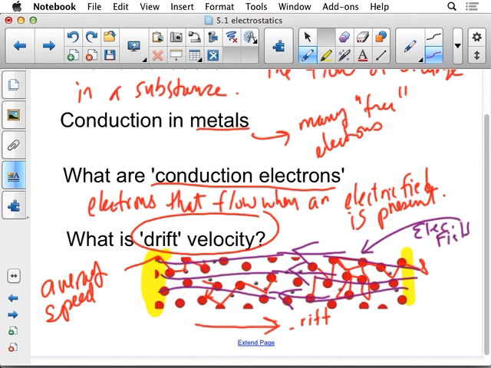So, okay, we have an electric field going to the left in this picture, and the electrons drifting to the right. Very important concept. Again, historically, physicists did not know that the flow of our most common kind of current in wires was actually opposite the direction of electric field.